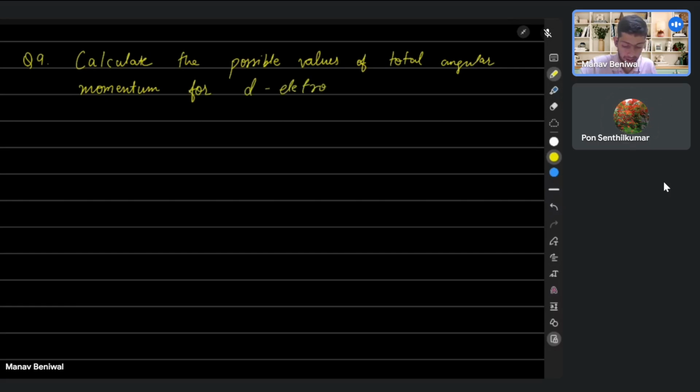Again d electron in one electron state is like hydrogen atom. So question can be even in hydrogen atom. You just have single electron.